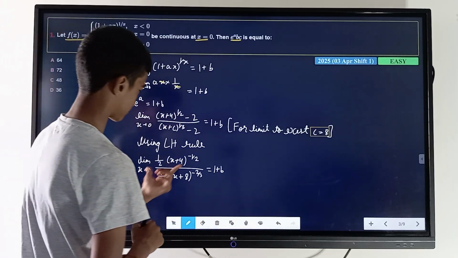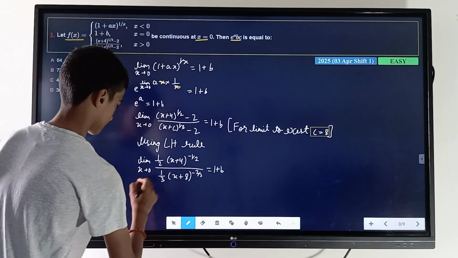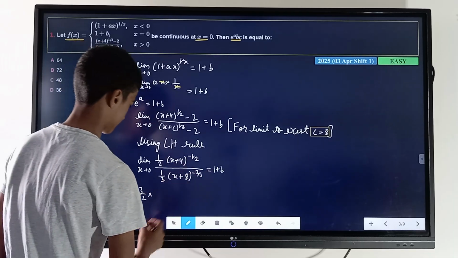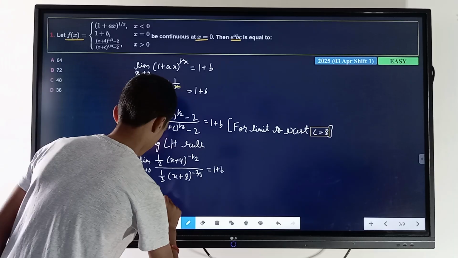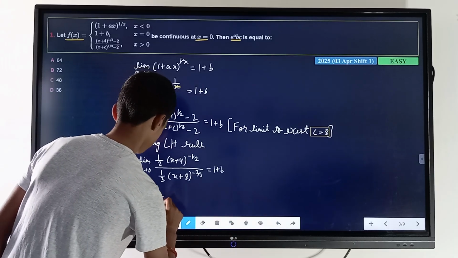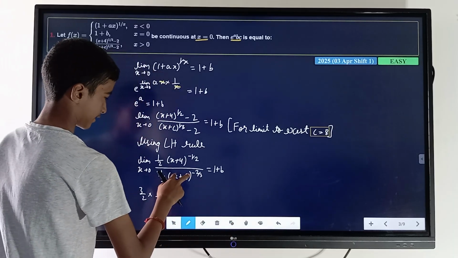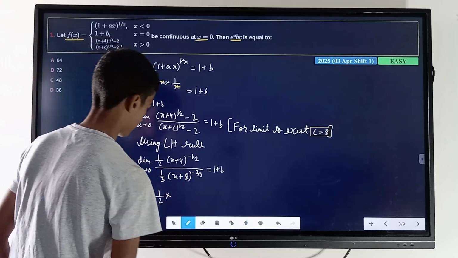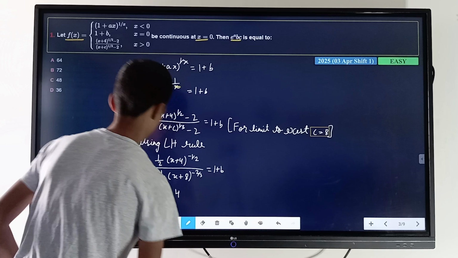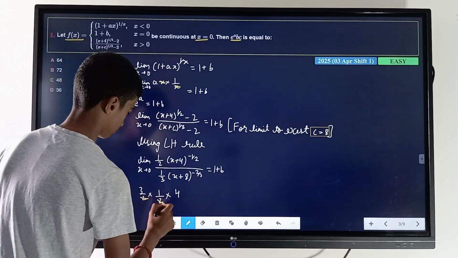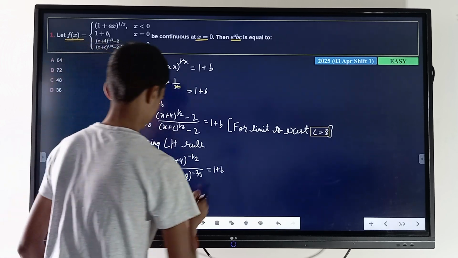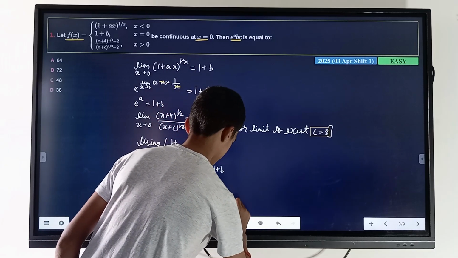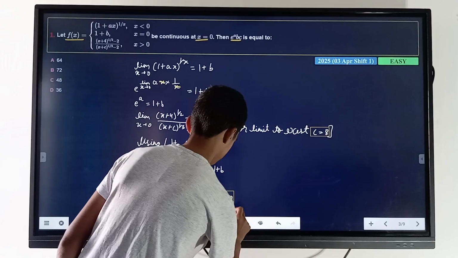Now when limit x tends to 0, this expression will be 3 upon 2, numerator will be 4 raised to power minus 1 upon 2, so 1 upon 2, into 8 raised to power minus 2 upon 3 will be 1 upon 4, 1 upon 1 upon 4 will be 4. Now 2 and 4 will get cancelled. This is equal to 1 plus b.